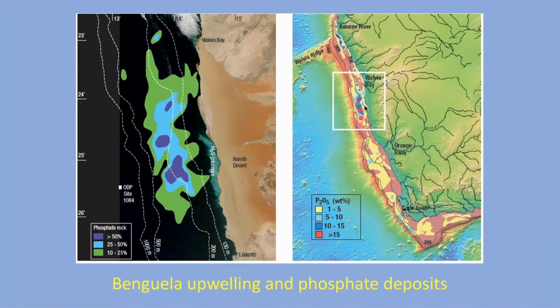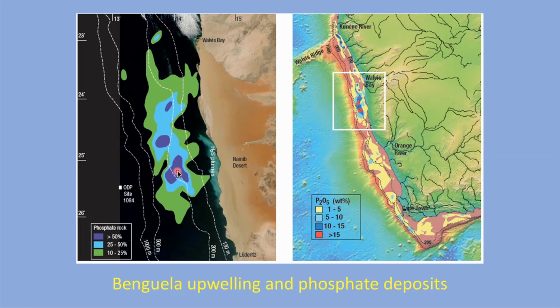And the richest deposits are off of Namibia, and in this white box, we have a blow up of it on the left, which shows there's your Namib Desert. This is Walvis Bay to the north. Here's Lüderitz at the southern end. And this patch of green, light blue, and purple represent highly phosphatic sediment.